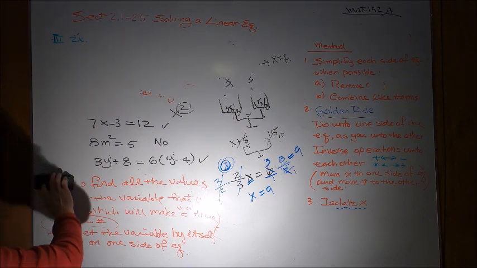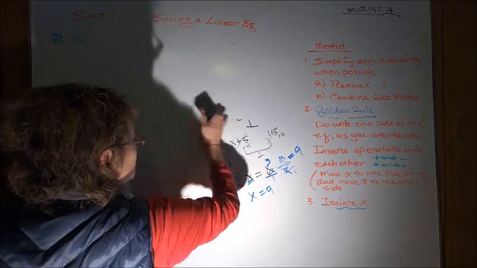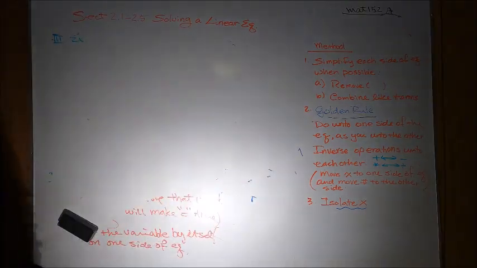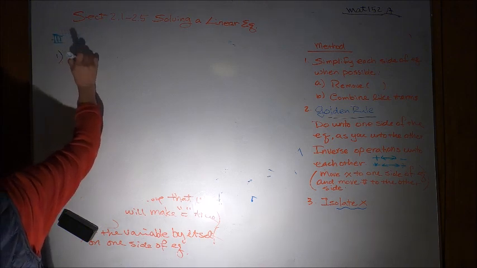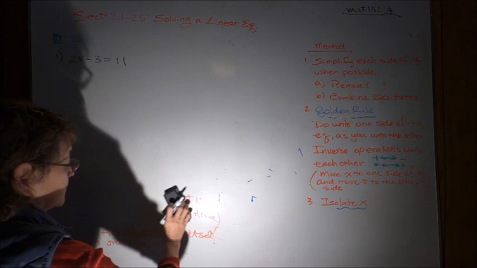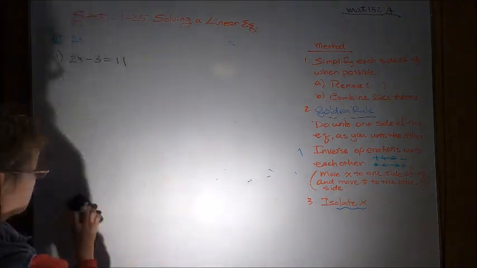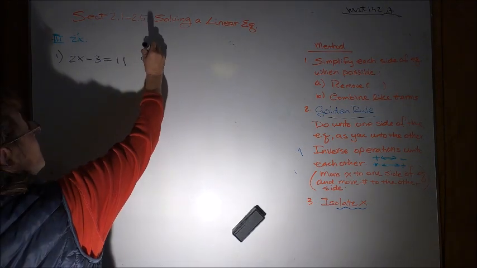On the bottom of the page, page 14. The first one is 2x minus 3 equals 11. Before we try it, let's just guess, okay? What do you think?